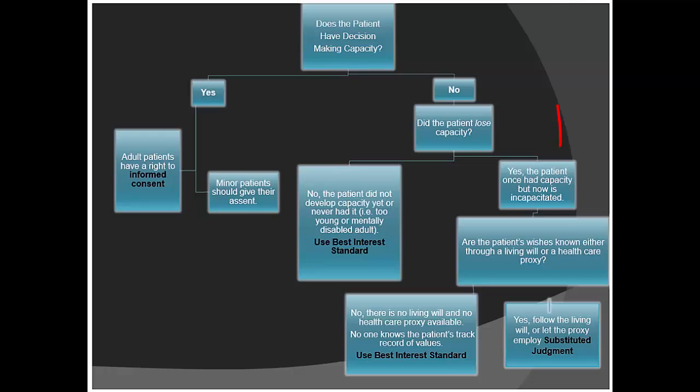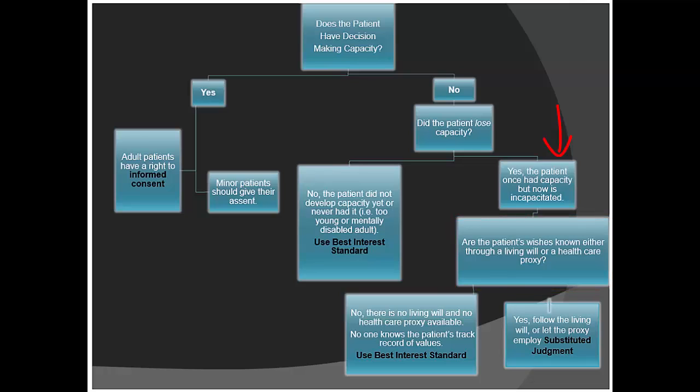Now, if the patient actually had capacity but now lost it, in cases like this, hopefully the patient's wishes before they lost capacity are known either through a living will or through a healthcare proxy that the patient has designated, or more informally in some states, if there's no legal designation, that there's a family member available to serve as that proxy.